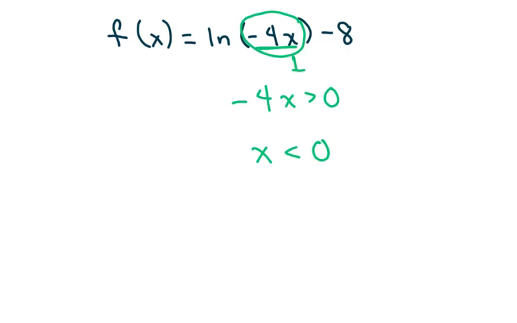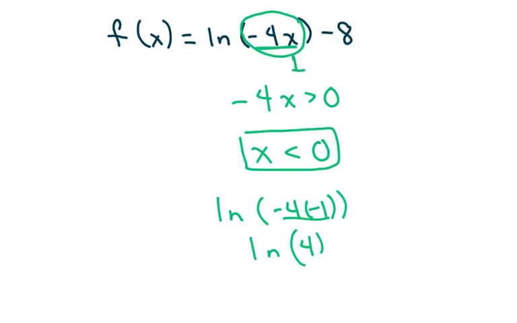Because if you plug in -1, you'd have ln of -4 times -1, and that's going to be positive, because you multiply two negatives. So we want it to be less than 0. It could be 1/2, 1/8, -1/8. So what we're going to write is negative infinity to 0.